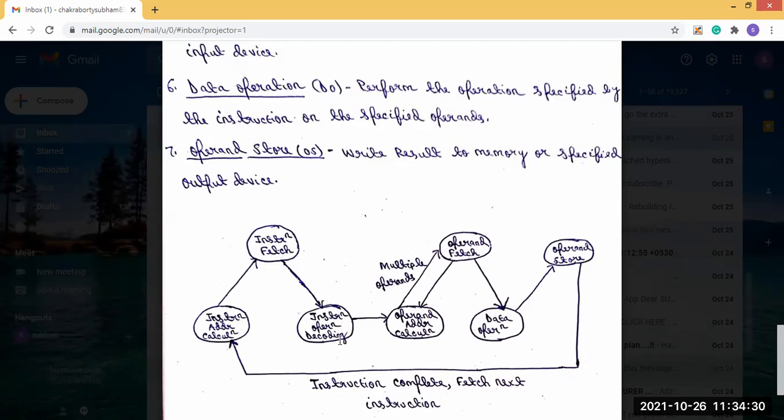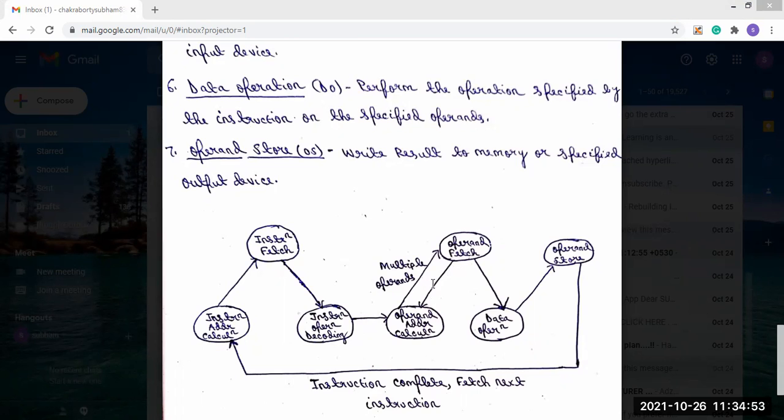After decoding, we are able to know what operations should be performed. Then it will go to the operand's address calculation, if the operand is stored in the memory or input output device. In that case, the operand's address calculation should be performed, and after that the operand will be fetched.